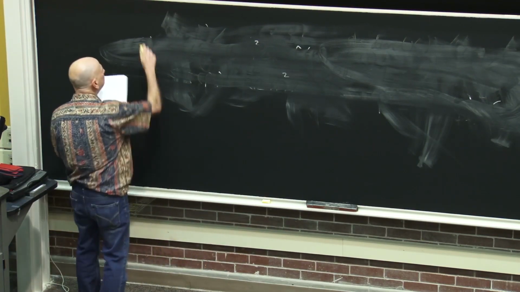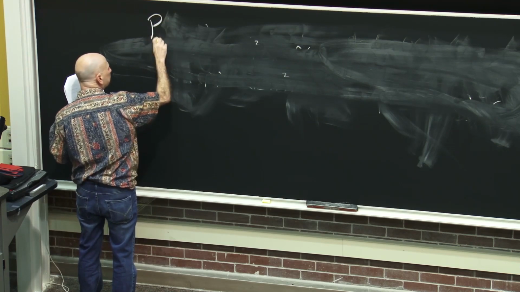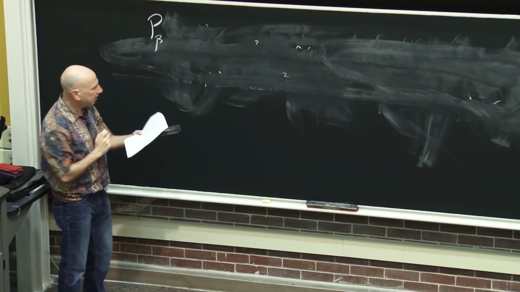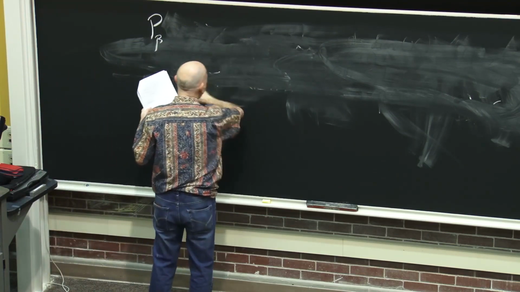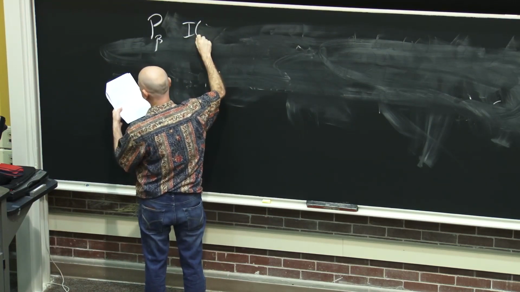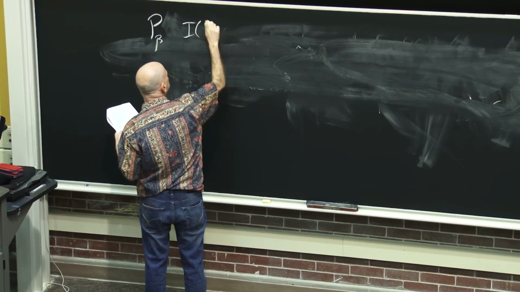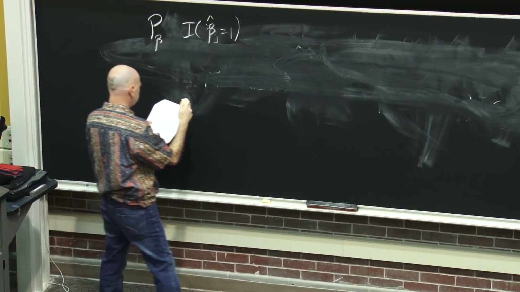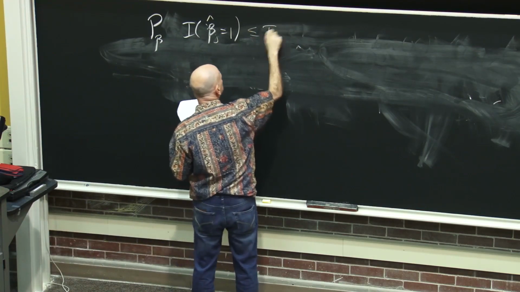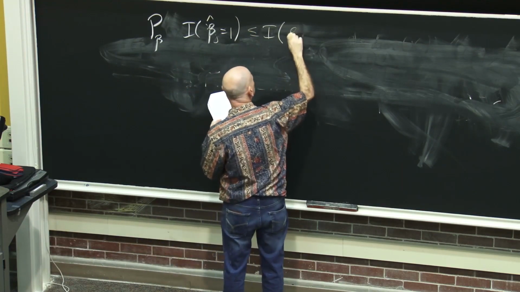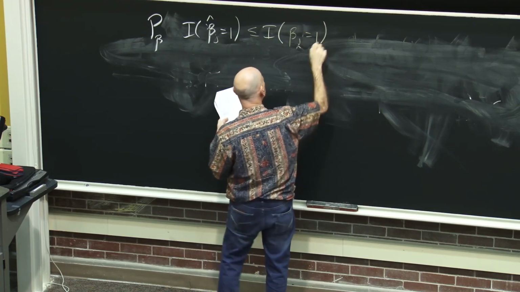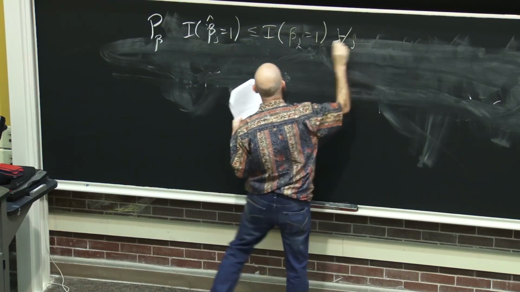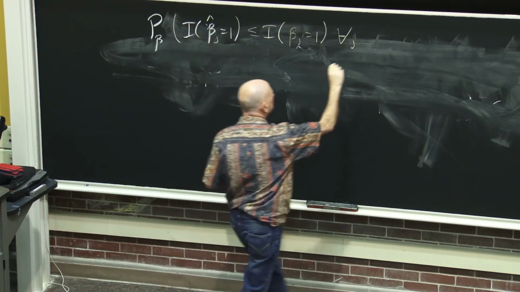What does that mean? It means that the probability, when the true value of the regression coefficients, which we'll denote by beta, that the indicator function for some component, say beta j hat, is 1, is less than the indicator function from the true coefficients, for all j, goes to 1.